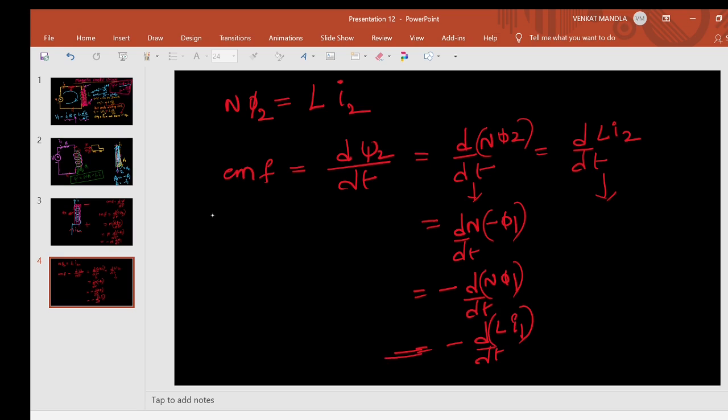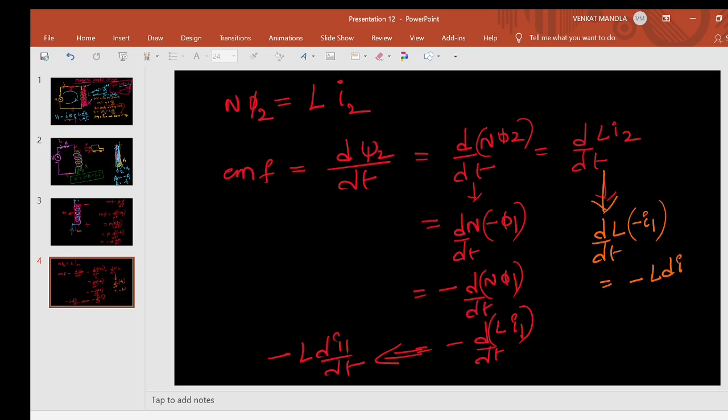So from this relation, minus L into dI1 by dt, or from the other relation, d by dt of L I2, where I2 is exactly equal to minus I1, right? In both cases we get minus L dI1 by dt.